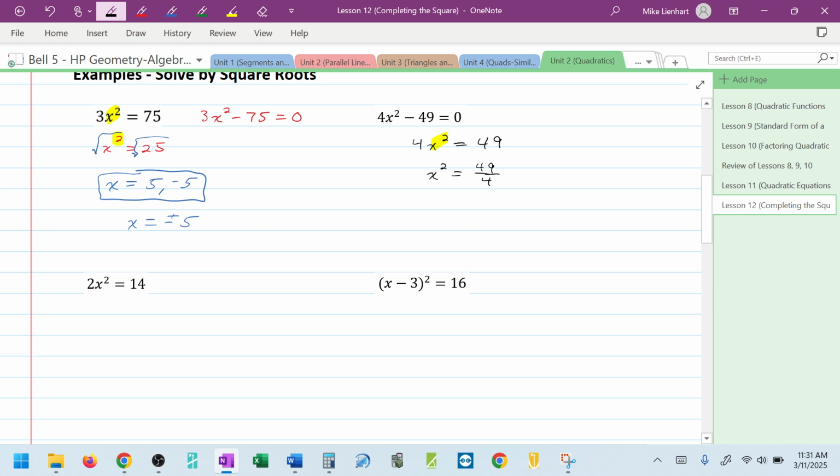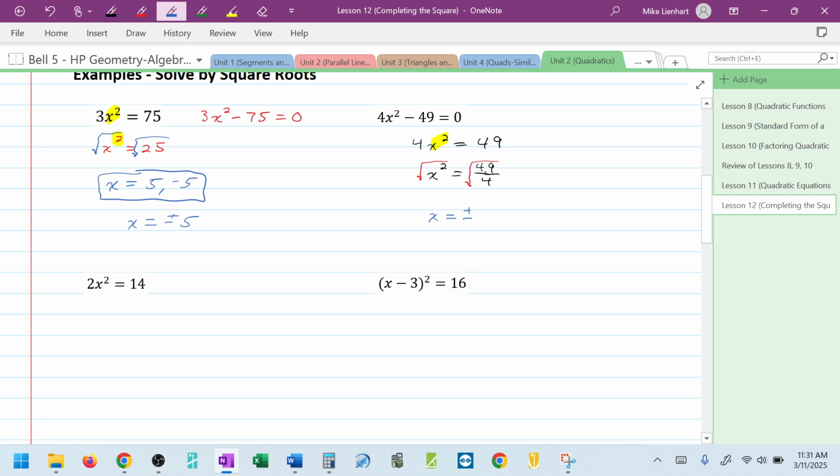Now, even though 49 over 4 is not a clean division, yeah, I could get a decimal for it, but I want to focus on using this technique called square roots. When I take the square root of x squared, I get x. When I take the square root of 49, the first thing I always like to do is write plus or minus, just get it out of the way so you don't forget about it.